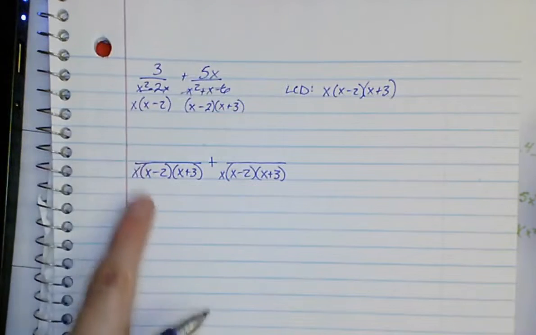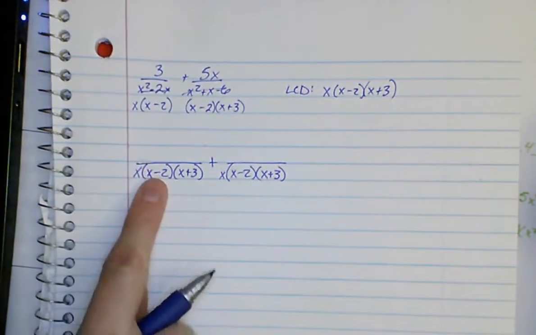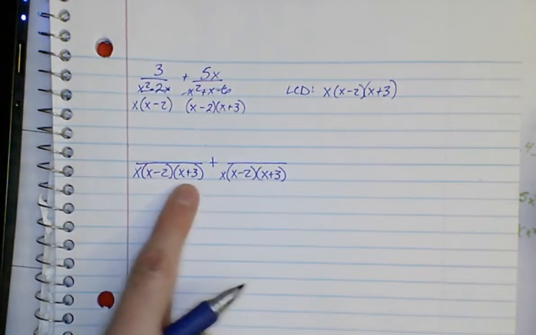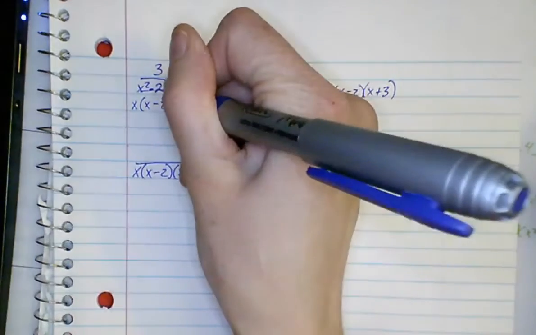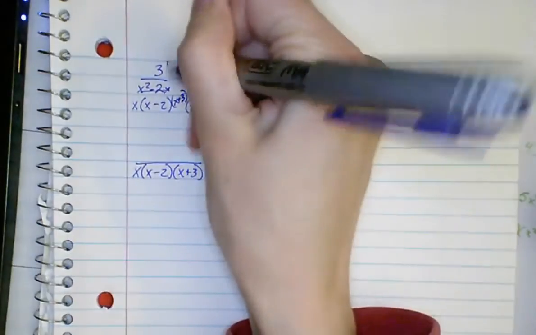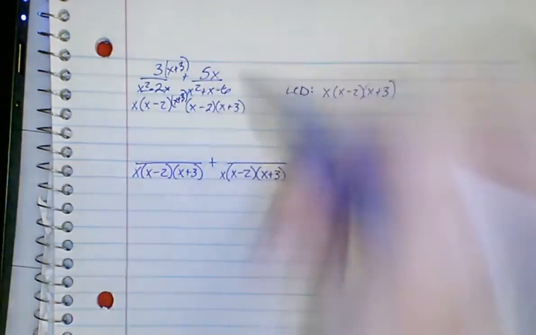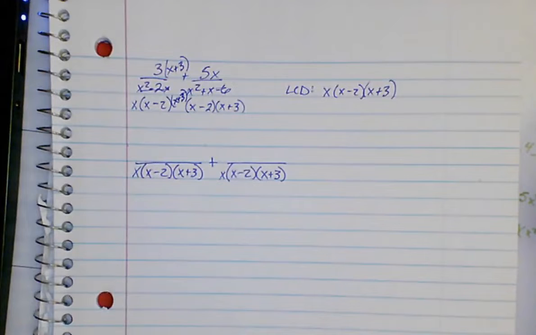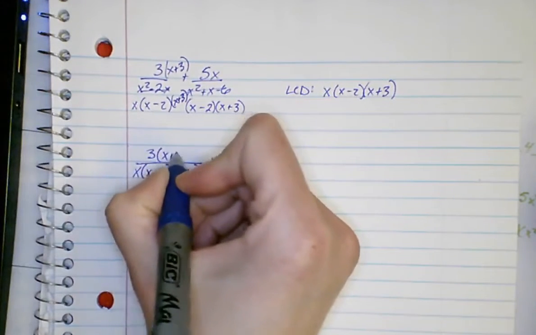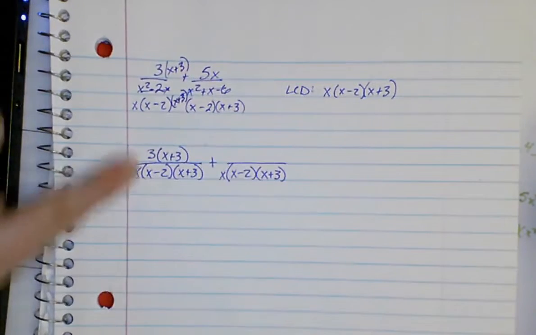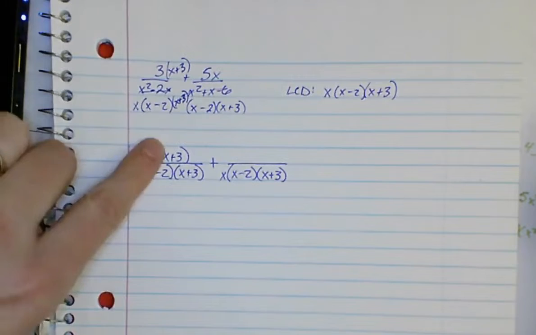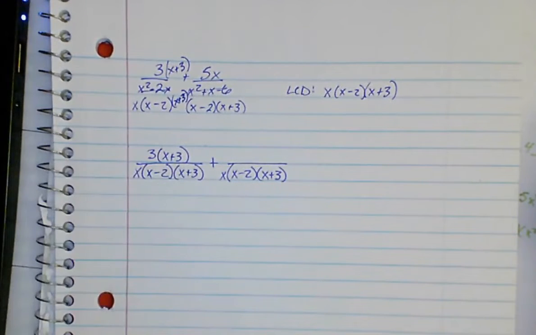Now, between the original denominator and the new denominator, we have to look at what's missing. Well, this factor here is missing. So we have to multiply the numerator by x plus 3. So this fraction is the same thing as this fraction if we cancel the x plus 3.